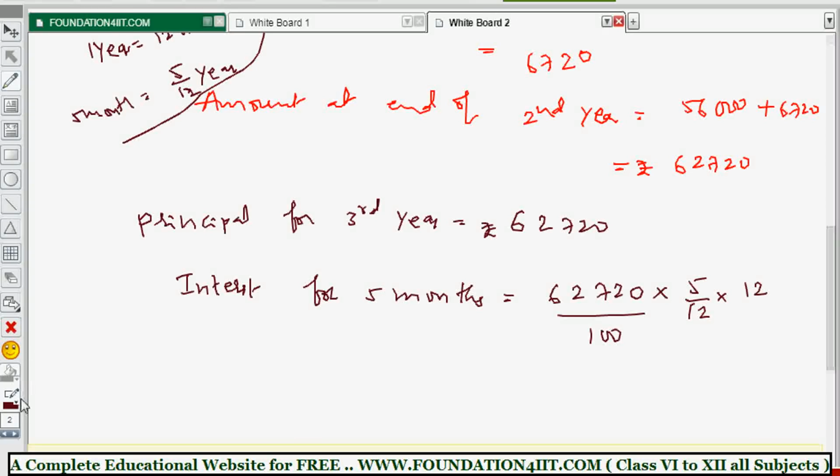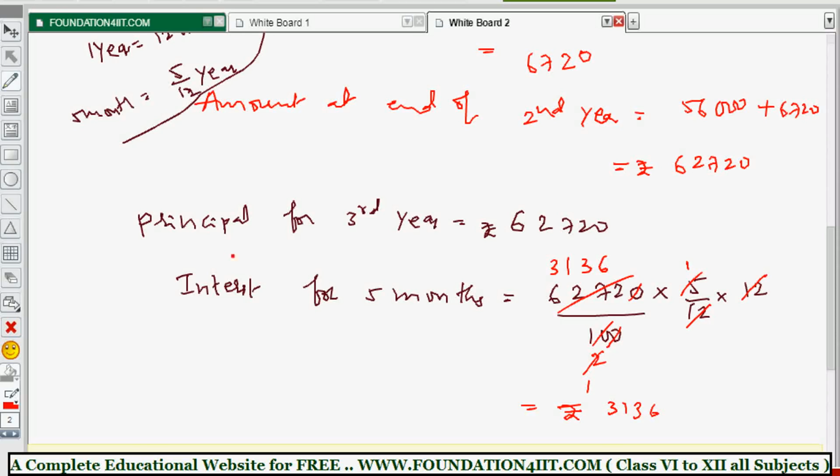If you simplify this calculation, the 12 cancels. 5 ones are 5, 5 twos are 10, and so on, and we get 3,136. 3,136 is the interest only for the extra 5 months after 2 years.